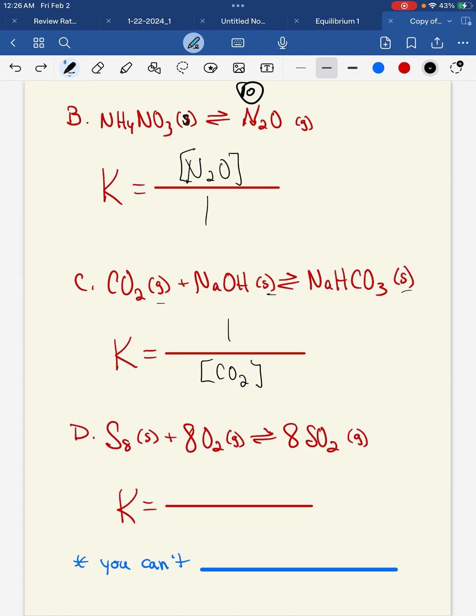And finally, we've got solid, 2 gases, SO2 to the 8th, O2 to the 8th. And even though you might be tempted to, you cannot cancel those 8s.